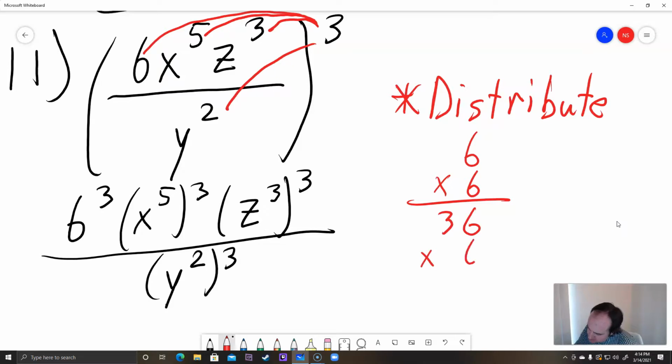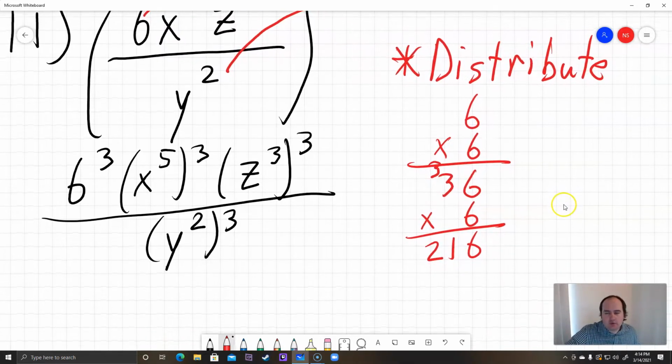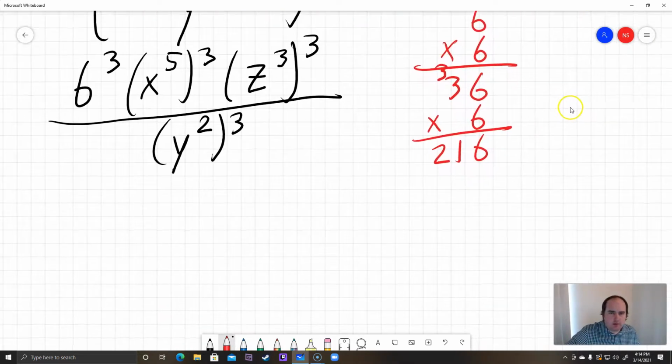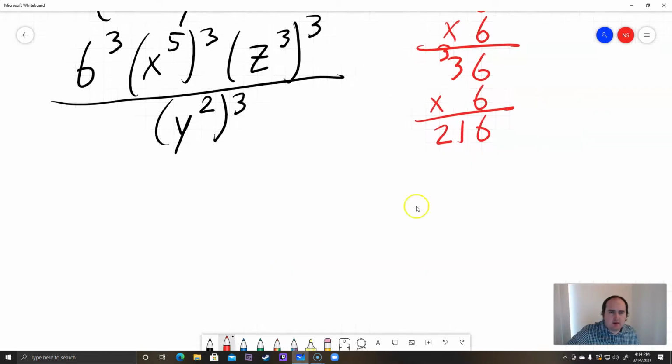So 36 times 6, well, let's see, 6 times 6 is 36, carry the 3, 6 times 3 is 18, plus 3 is 21, so you get 216. Yeah, so I was correct. Okay, or you can use a calculator if you feel like being lazy about it, or you just want to check your work. Okay, so the 6 cubed is going to be 216.